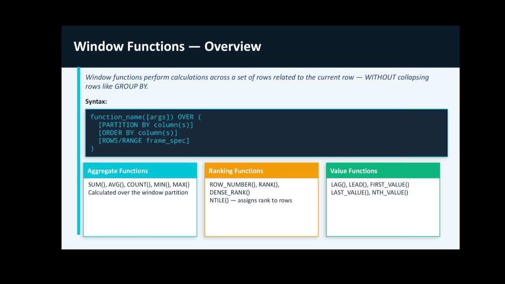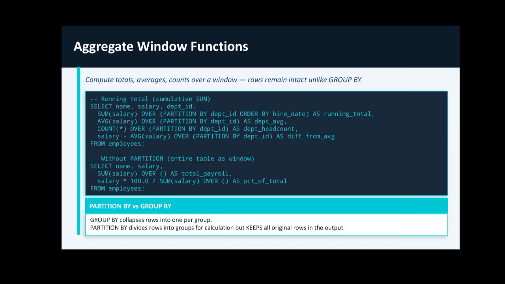So window functions fall into mainly three categories: aggregation functions, ranking functions, and value functions. The aggregate window functions compute rolling or partition-scoped totals while keeping all rows intact.